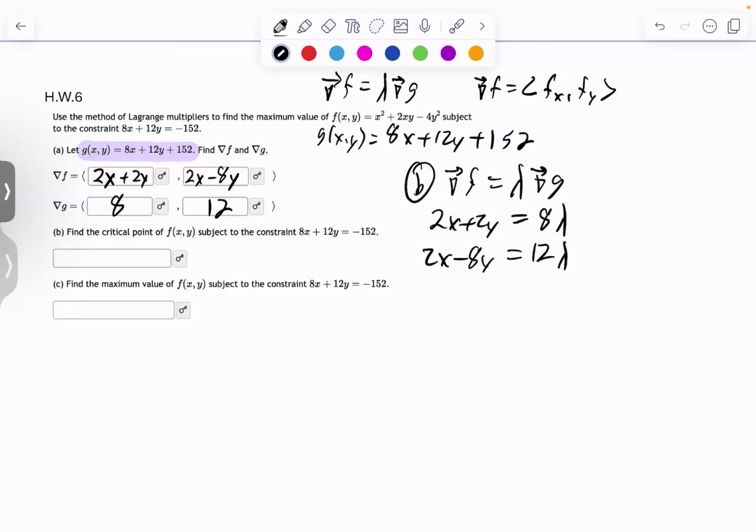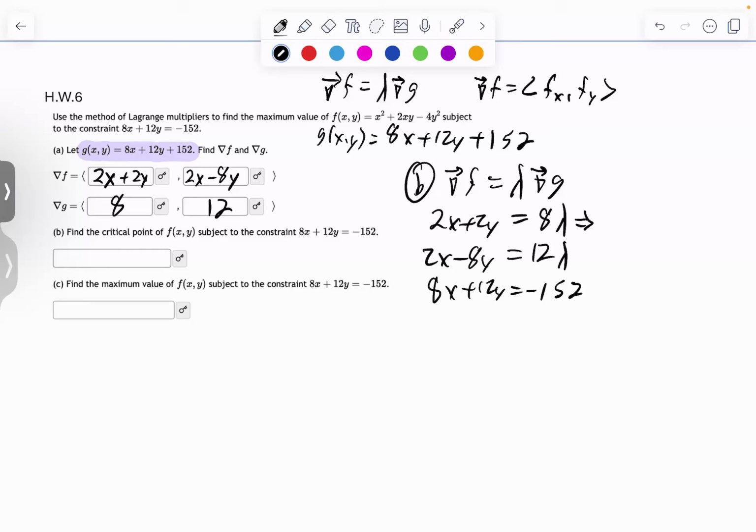By the way, I have two equations with 3 unknowns, meaning x, y, and lambda. However, I do have a constraint as well, which I will use here. So here are my 3 equations with my 3 unknowns.